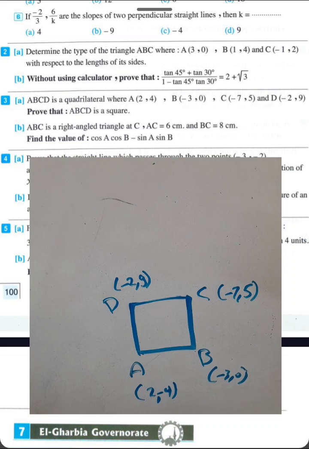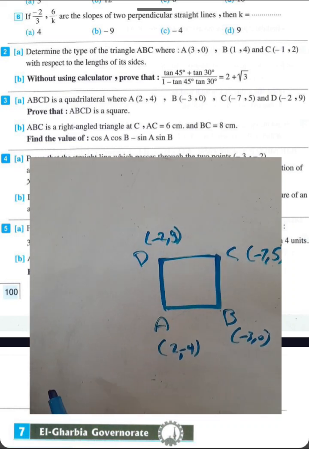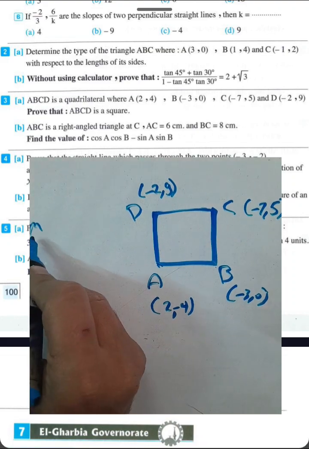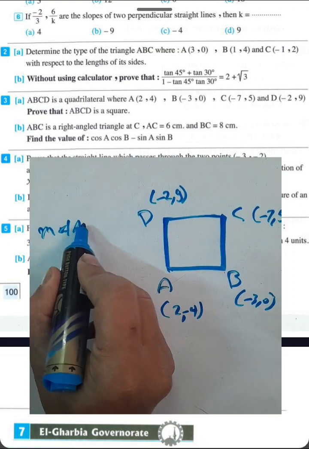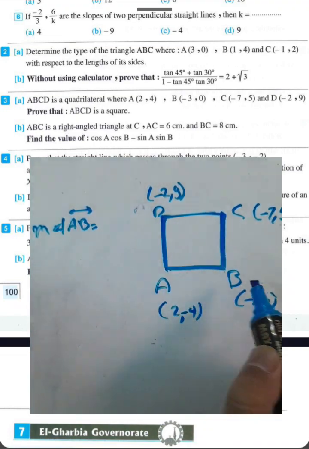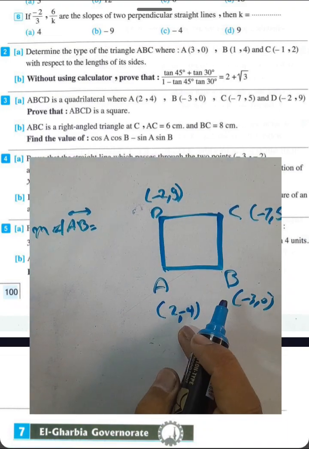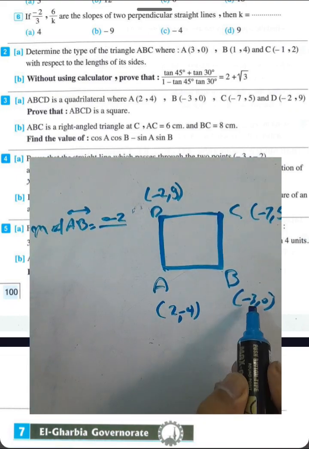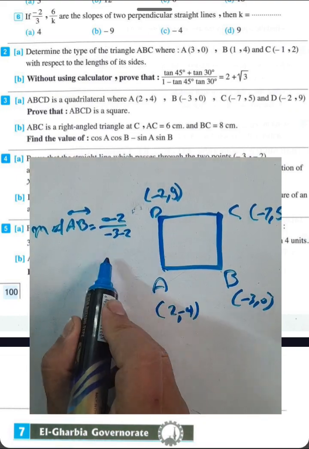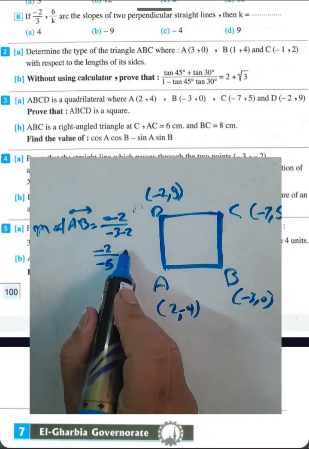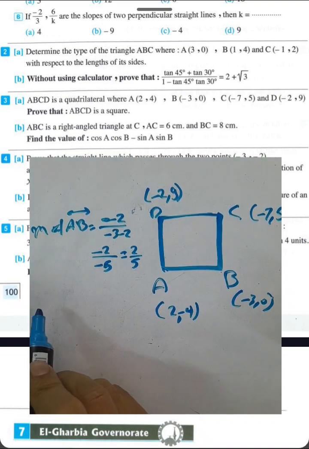First step, we can find the slope of AB. M refers to the slope. M of AB equals, for A and B, y2 minus y1 over x2 minus x1: 0 minus 2 over negative 3 minus 2, which is negative 2 over negative 5. The result will be 2 over 5.